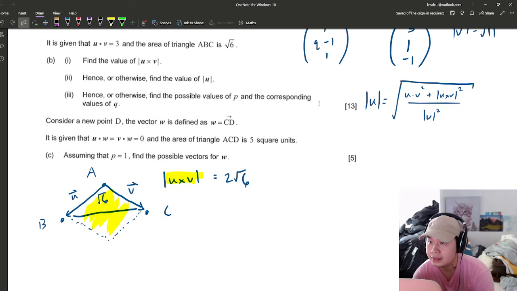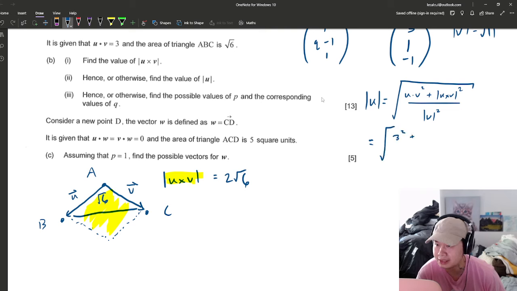Now we can plug in all the values that we have. We get 3 squared plus 2 root 6 squared, over root 11 squared.